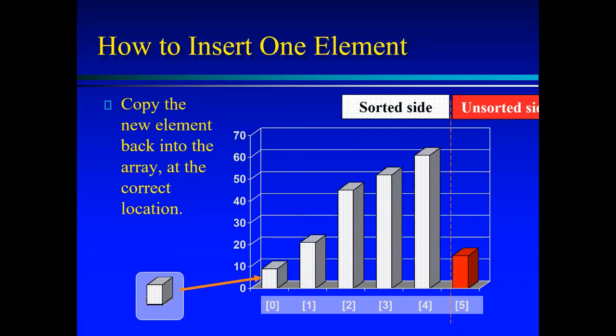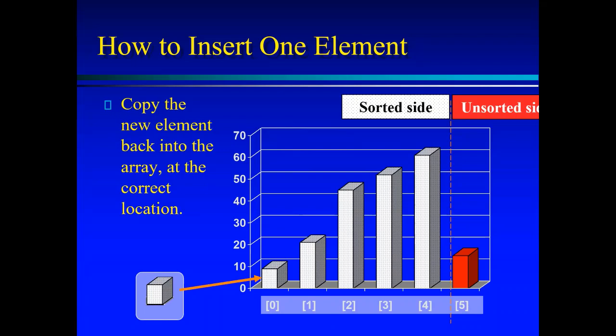So we compare. If it's smaller, we're going to insert it before, and then compare it on the left side until it is bigger than the left side. Then we stop inserting. Now we have five elements sorted, so the only element that is not sorted is the sixth element. Same procedure: compare it with the fifth element.